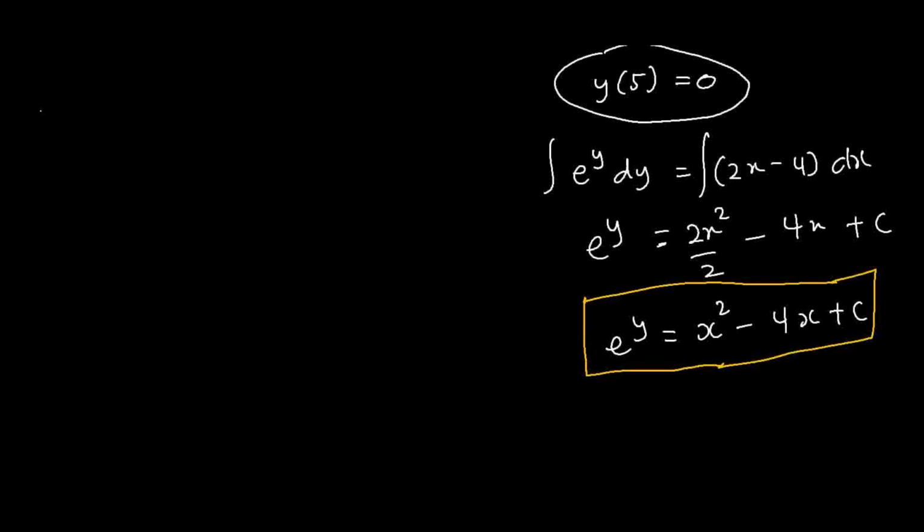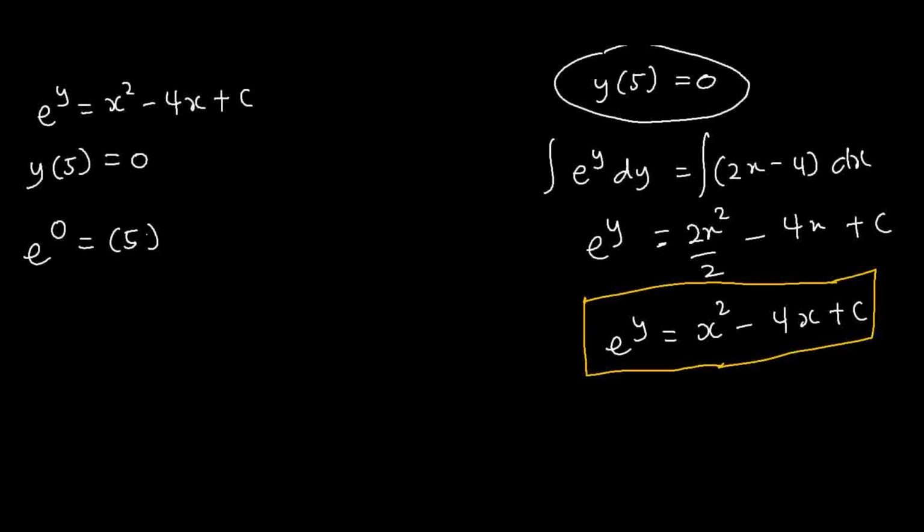So you have e to the power y equals x squared minus 4x plus C. Given the condition y of 5 equals 0, you have e to the power 0 equals 5 to the power 2 minus 4 multiplying 5 plus C.